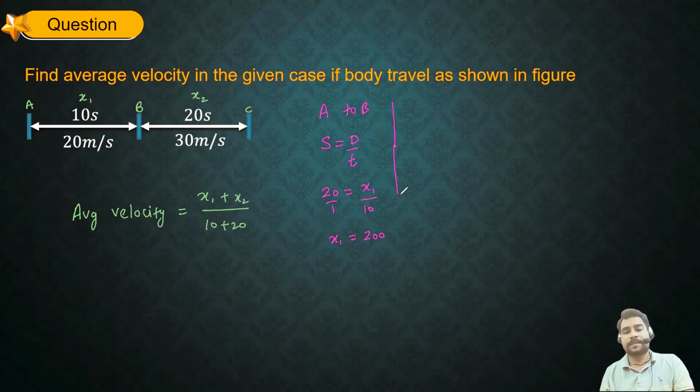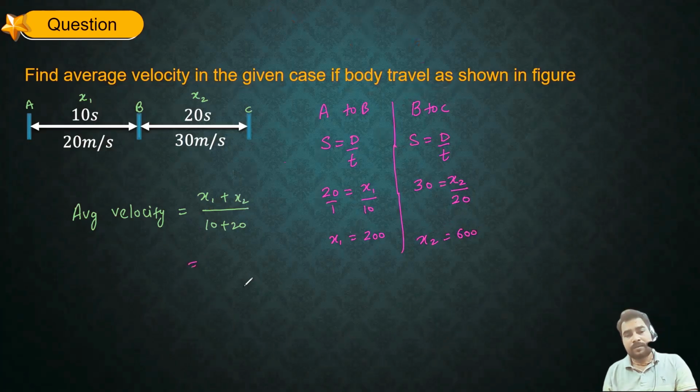In the same manner, if you consider B to C journey, again I can use speed is equal to distance upon time. Speed is 30 meter per second. Distance I am supposing x2 and time is 20 seconds this time. So x2 value is going to be 600.